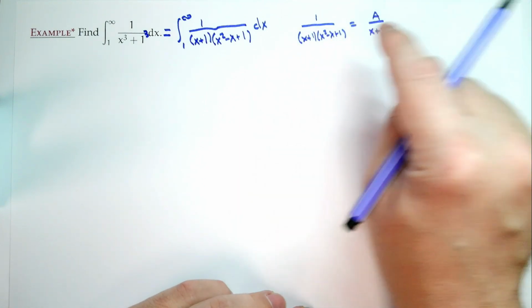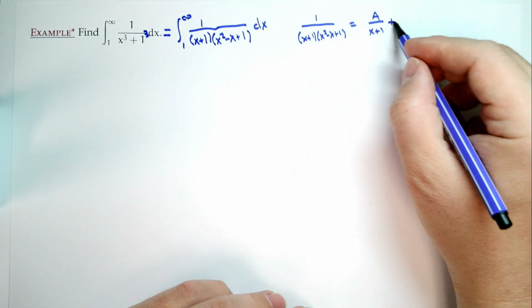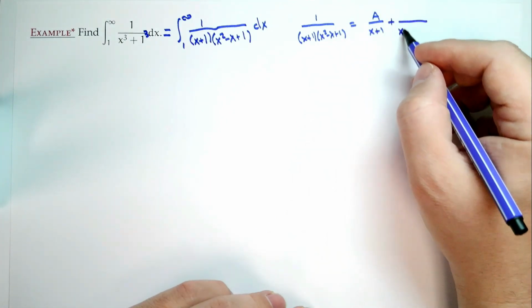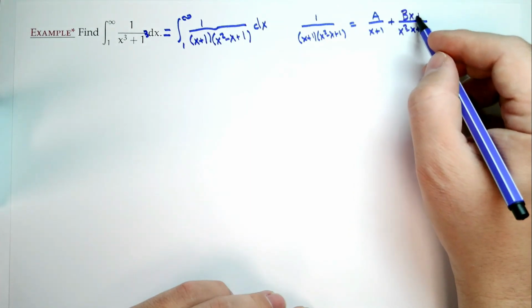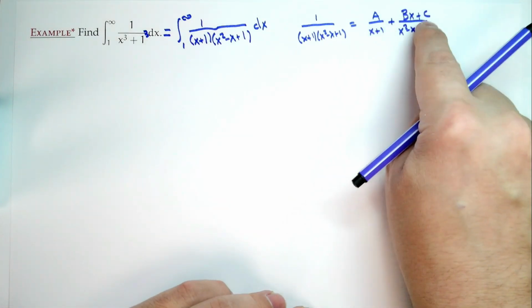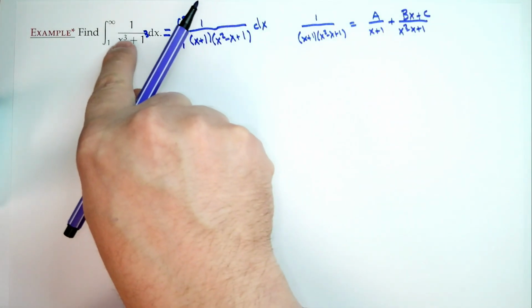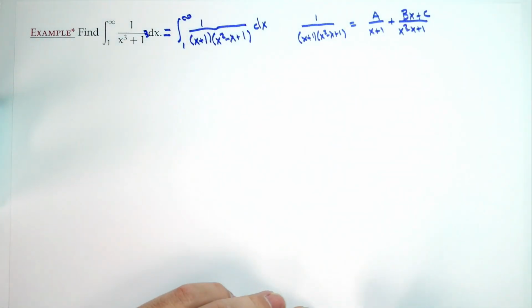X squared minus x plus 1, that's a quadratic term, and we'd have a hard time factoring that. And therefore, when we write it here, over x squared minus x plus 1, I need a bx plus c. And we expect that we should have three things we don't know, because we start with the cubic downstairs. Whatever this degree is downstairs, that's how many things we've got to figure out.